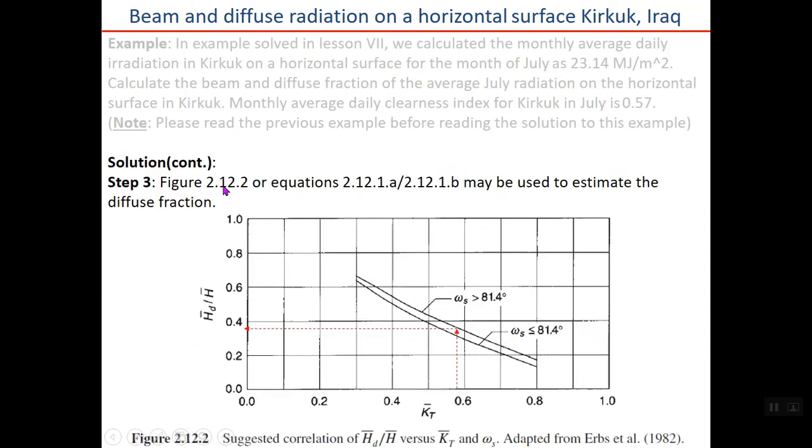Step 3. Either the figure or the equations may be used, and you can see that, having the clearness index, which is 0.57, you go up to the right curve, and then to the left you can read the value of HD over H bar, which is maybe 0.37 or something like this.